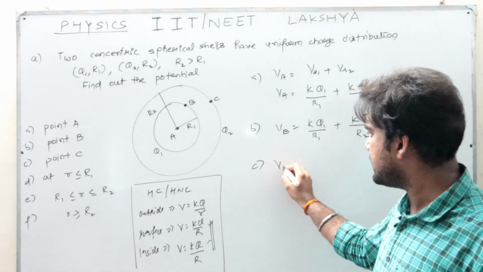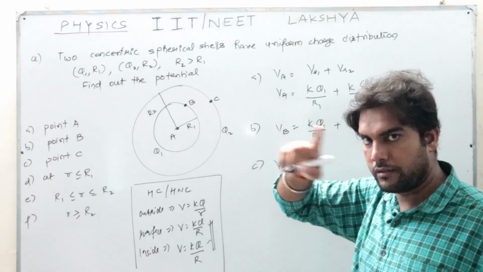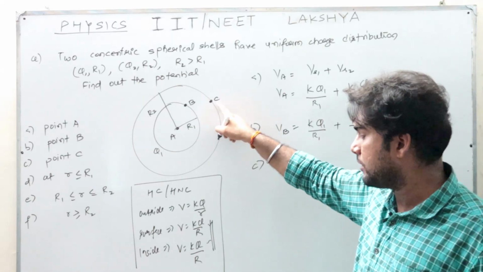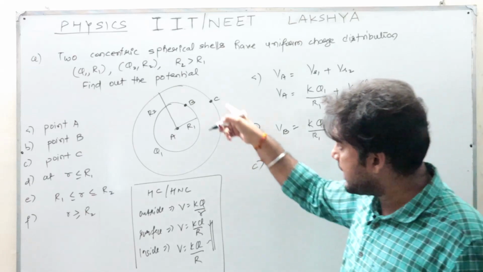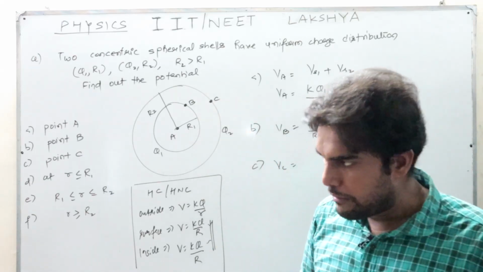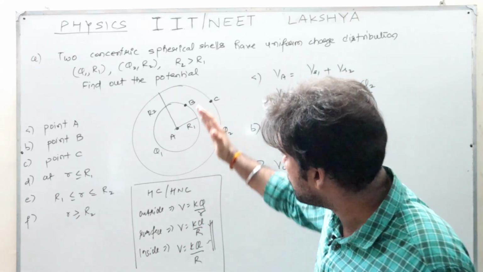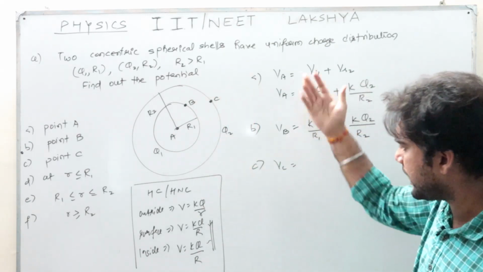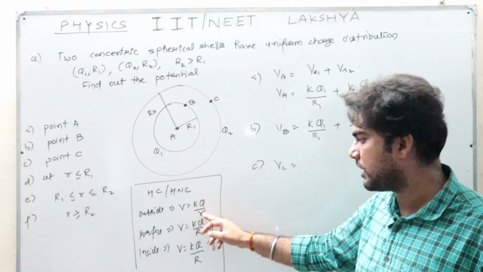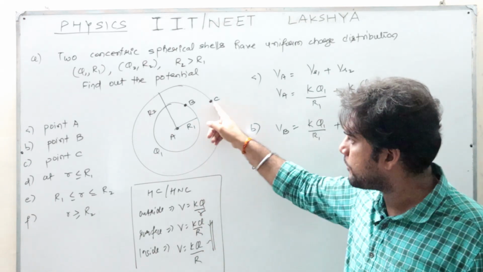At point C. Point C is behaving as the outside point of sphere 1 and the surface point of sphere 2. For outside, what is the formula? kq by small r, where small r is the distance of that point from the center.